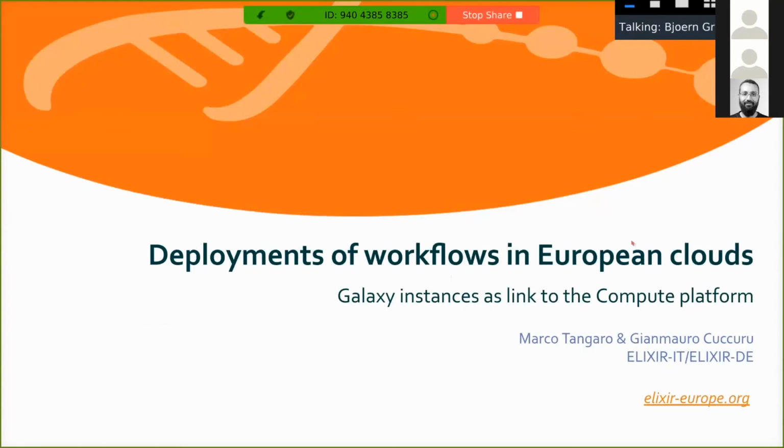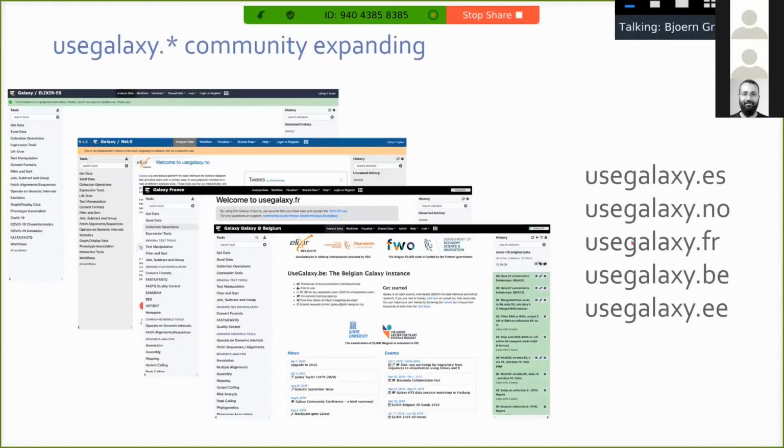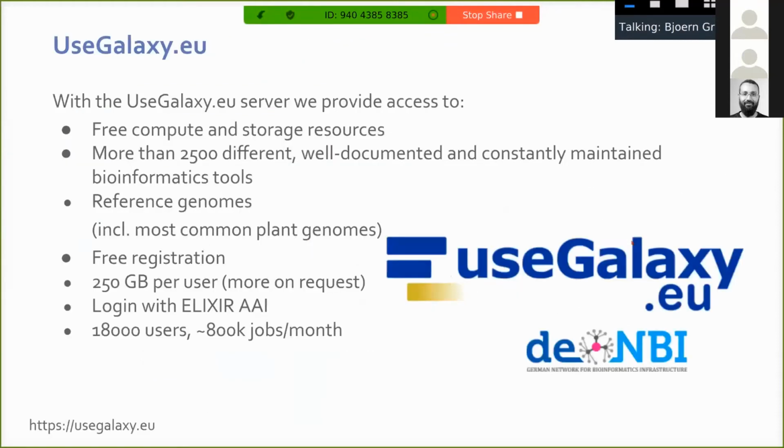The last piece which is missing is more or less the deployment of workflows. So here, what we have done is we have actually worked, in the beginning of the summer, on executing these workflows on different instances across Europe. Also the European Galaxy server.